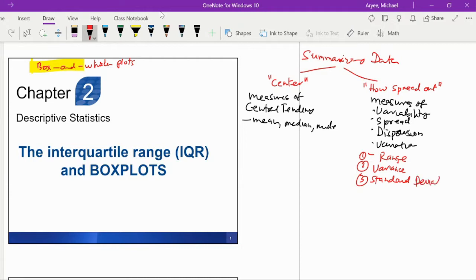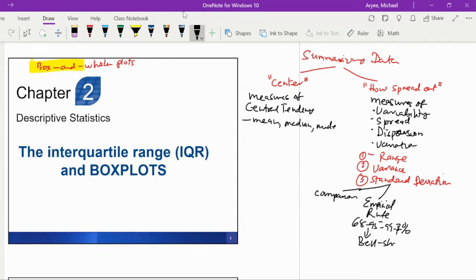We said the variance helps us to find the standard deviation, right? The last time in class, we learned about different ways the standard deviation is applied, comparison, and the empirical rule. We learned about the 68, 95, and 99.7% rule. And we said the empirical rule is only for what? Bell-shaped distribution.